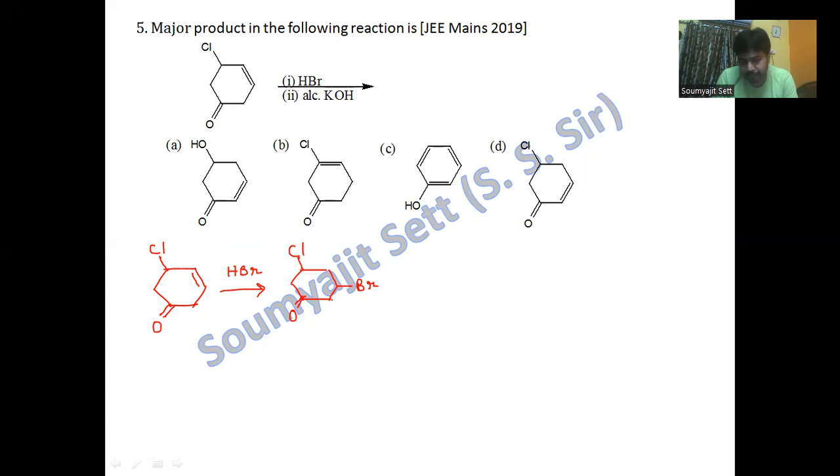We will get this. Now, beta hydrogens will be eliminated because alcoholic KOH is there. So OH minus will abstract the proton and an elimination reaction will occur. So what will happen? It will abstract this proton. Similarly, here also. Similarly, here also.